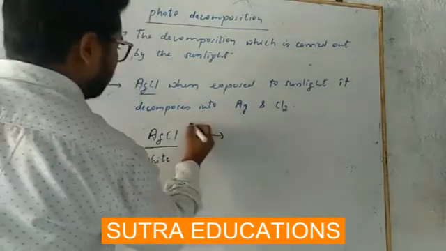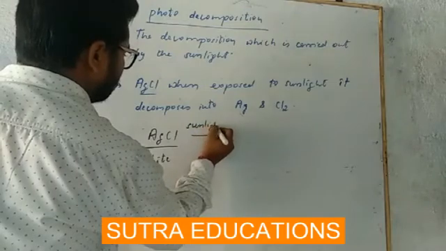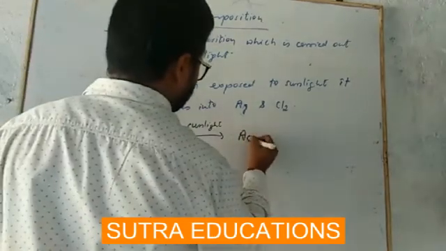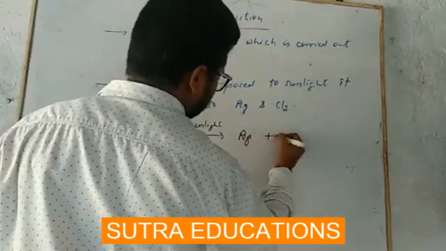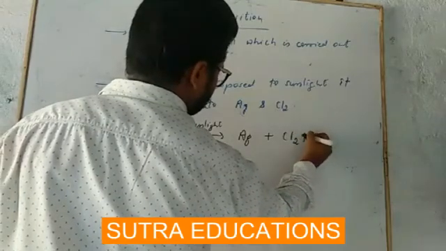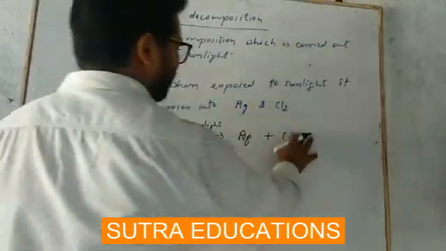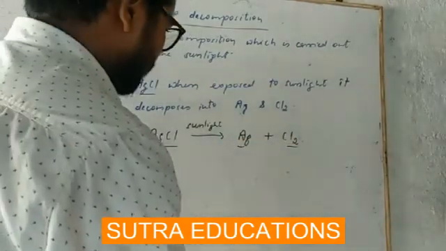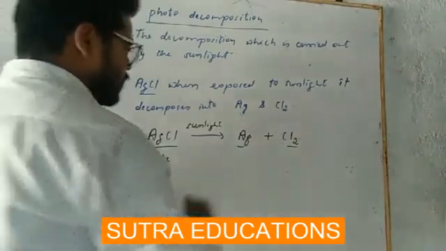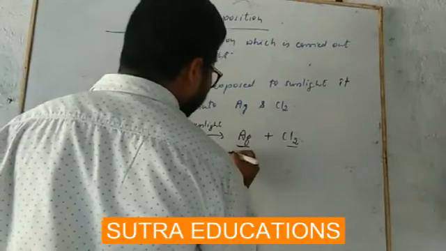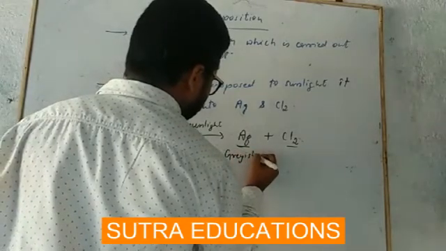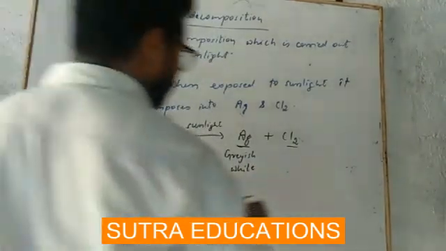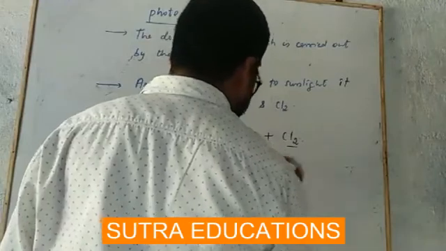So AgCl in presence of sunlight decomposes into Ag plus Cl2. I'll write this. This is gas, this is solid. You can write by your own. So this Ag is grayish white in color, and this Cl2 is yellowish green.